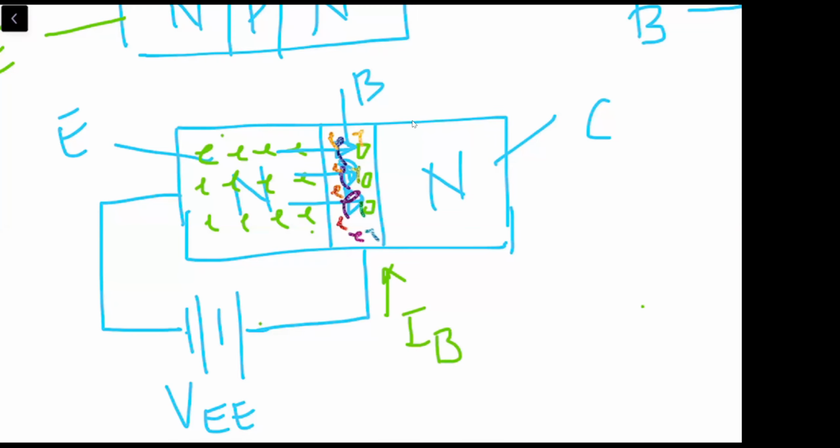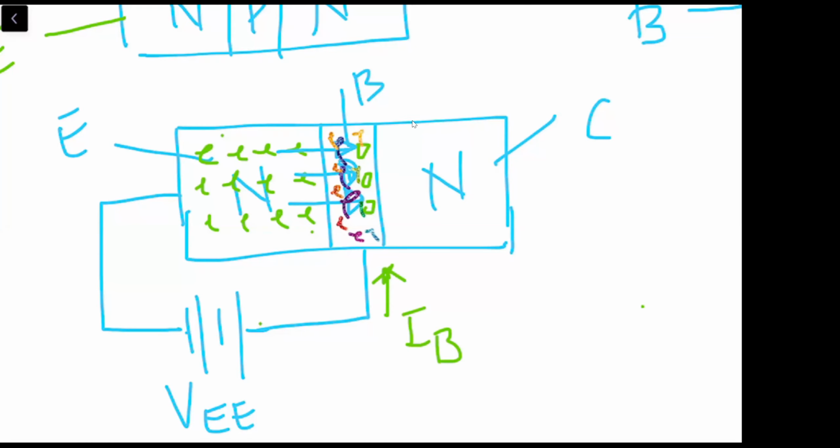The conventional direction of the current is always opposite to the flow of the electrons, so I have made the arrow in the opposite direction to the flow of electrons. Are you with me?